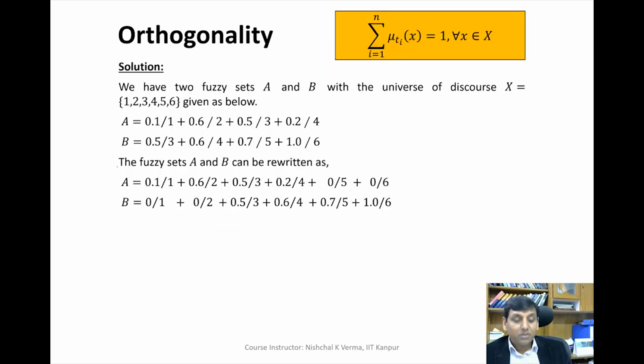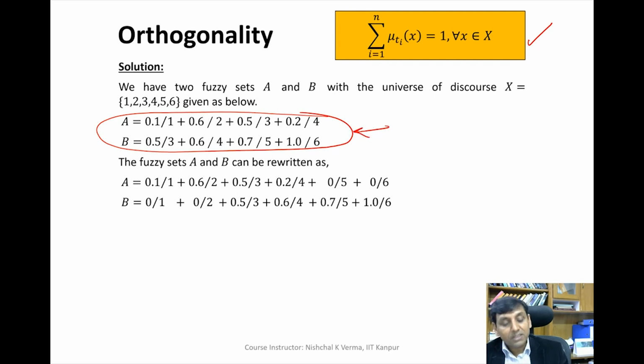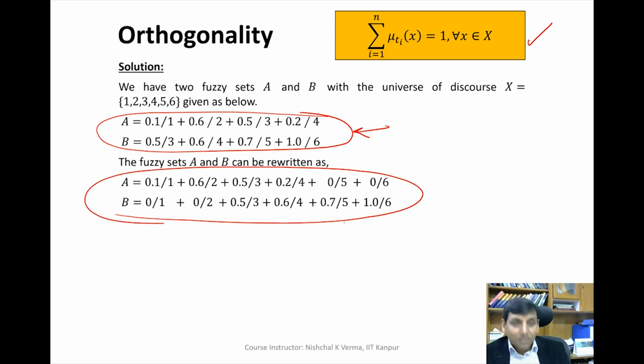It's very simple. We apply the same orthogonality condition here, the summation of mu Ti of x for i equal to 1 to n. Since we already know the two fuzzy sets A and B and all their membership values for the generic variable values, and the term set is orthogonal, we can quickly find the third fuzzy set.